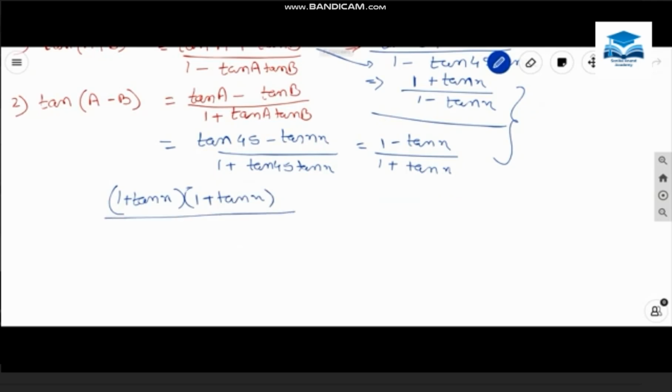Similarly, 1 minus tan x into 1 minus tan x. So it becomes 1 plus tan x whole square upon 1 minus tan x whole square. We get the required answer. Clear?